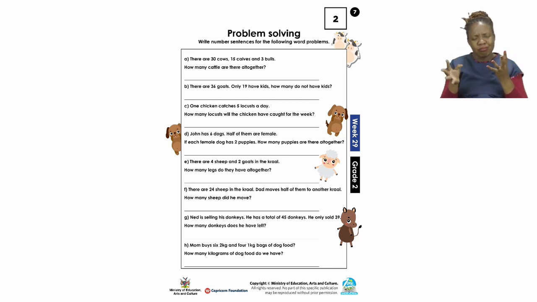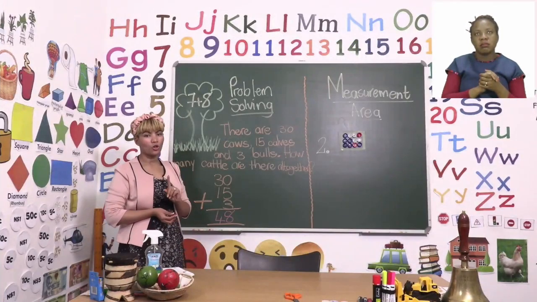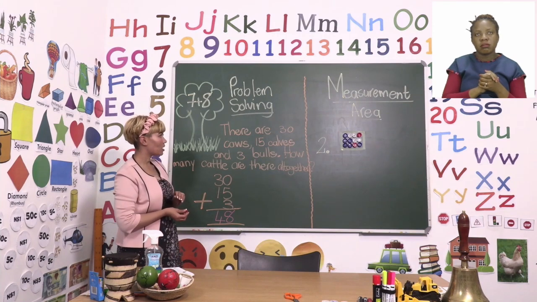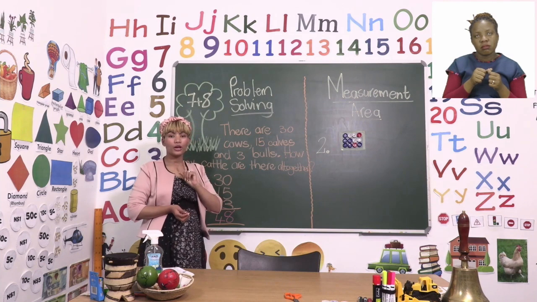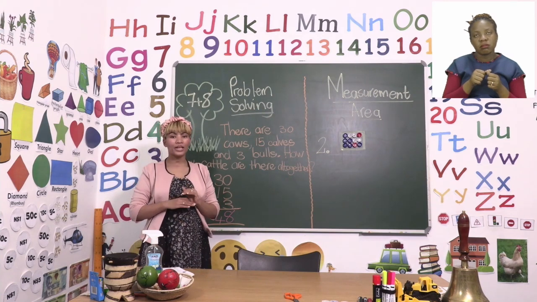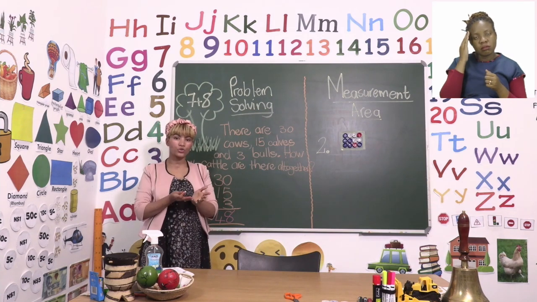Remember, 30 cows, 15 calves, and 3 bulls. Now I'm going to do the first one with you. So on the board, I have solved the first problem for you. Now remember everyone, we have to find how many animals we have all together.